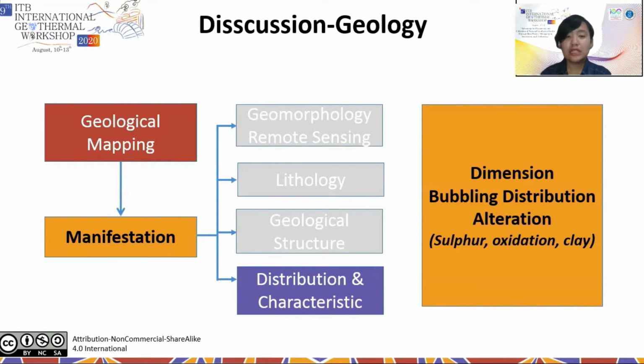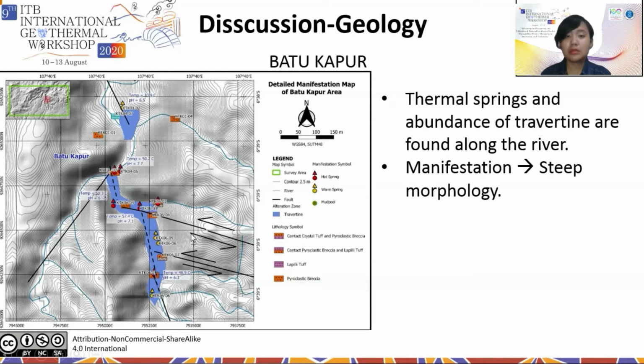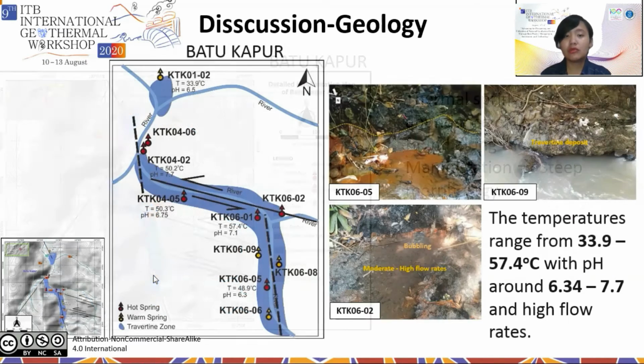The last thing to be discussed is the distribution and characteristics of manifestations found in the field. In this section, we will look at the extent of the distribution of manifestation in the study area. At the Batu Kapur area, thermal springs and abundant travertine are found along the river. This slide shows the characteristic manifestation dominated by relatively warm spring with neutral pH and high flow rate.